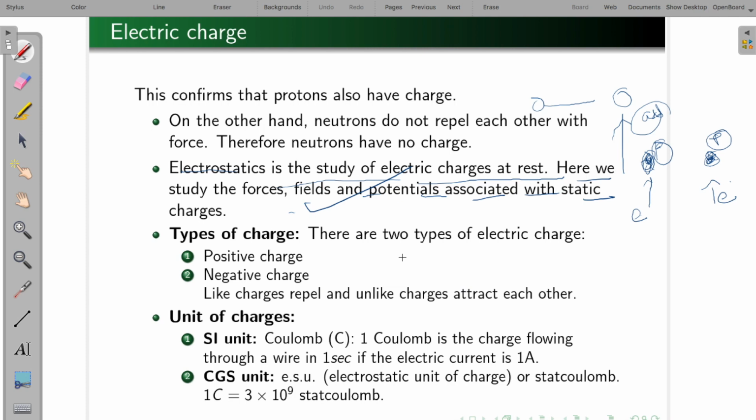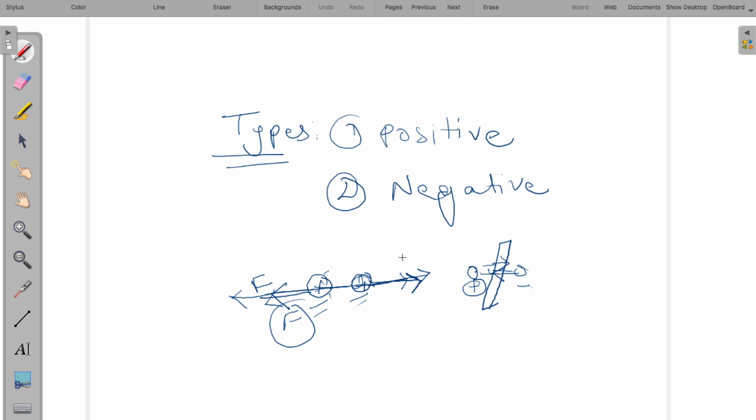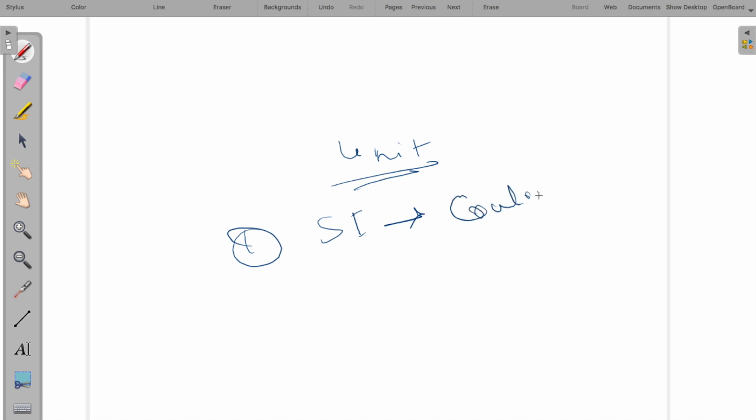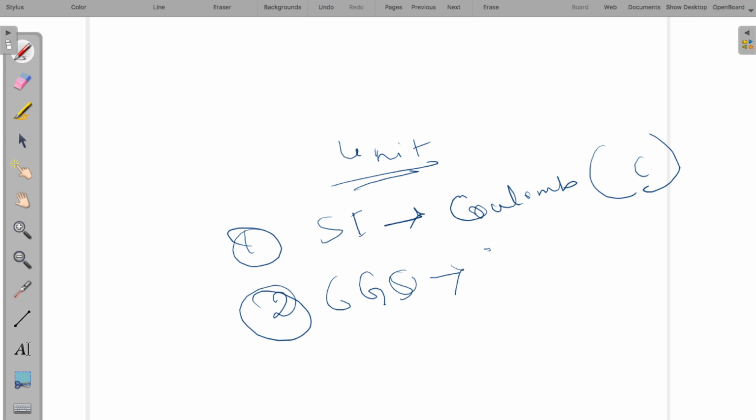Now let's discuss the unit of charge. What is the unit of charge? We know the SI unit of charge is the coulomb, written as capital C. The CGS unit is the stat coulomb.